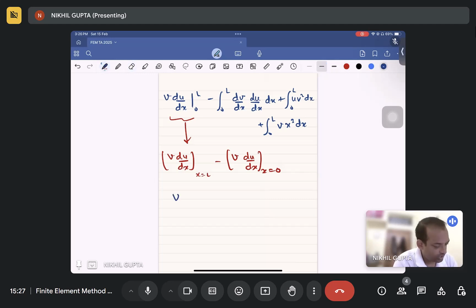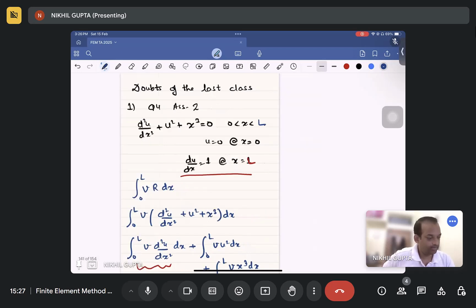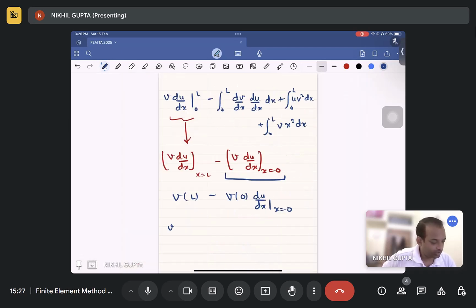So this will become v(L) minus, now the doubt was this, how this term is getting cancelled. So it will give v(0) of du by dx at x is equal to 0. So we see there is no condition of du by dx at x is equal to 0, but we know that the weight function should satisfy the homogeneous boundary condition.